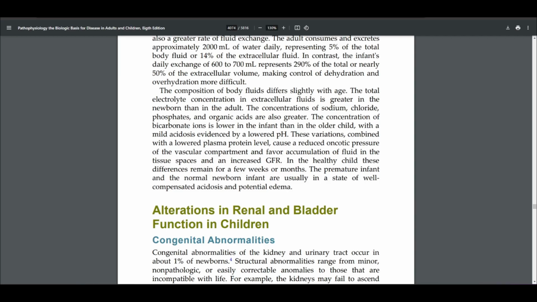The composition of body fluids differs slightly with age. The total electrolyte concentration in extracellular fluid is greater in the newborn than in the adult. The concentrations of sodium, chloride, phosphate, and organic acids are also greater. The concentration of bicarbonate ions is lower in the infant than in the older child, with a mild acidosis evidenced by a lowered pH.